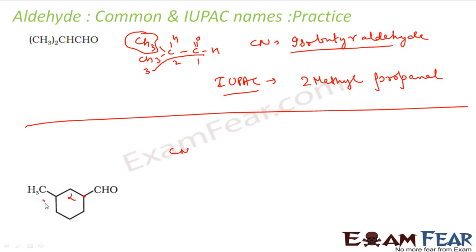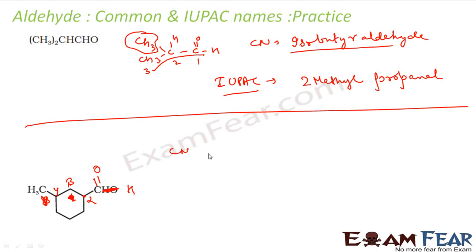The carbon attached directly to the CHO is my alpha. This carbon becomes beta, and this becomes gamma. Alpha, beta, gamma. Correct.